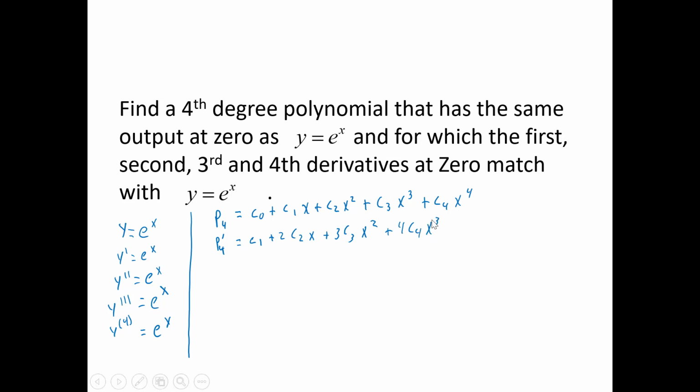When I go to make my first derivatives match, all of these terms will go away. I will just have C1, so then C1 will be 1, just like we had before. When I look at the second derivative, then the C1 goes away.